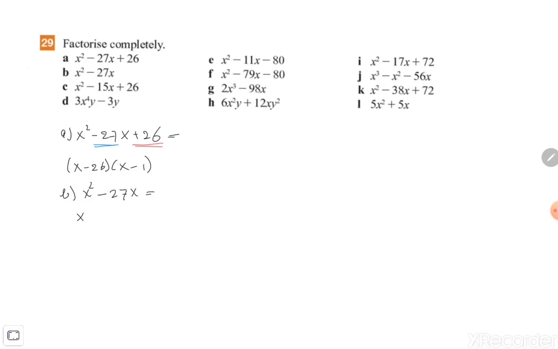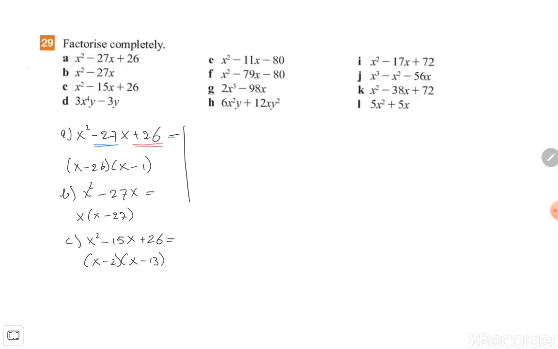So if we put x outside x squared, we have x left, and if I put the x outside the minus 27x, you only get minus 27. There we go. C, x squared minus 50x plus 26. Use the product sum method again, so you get x minus 2 and x minus 13.